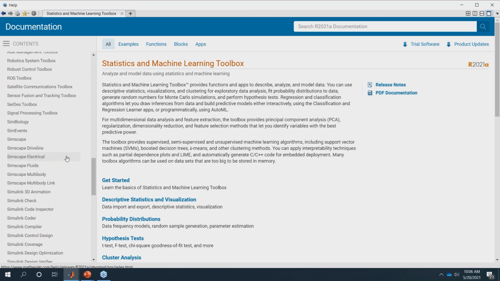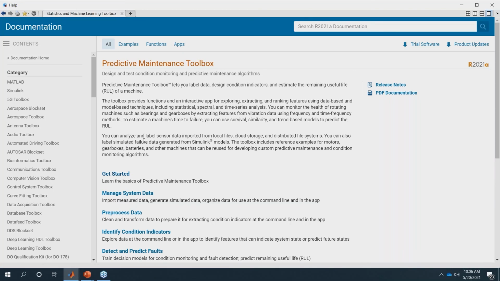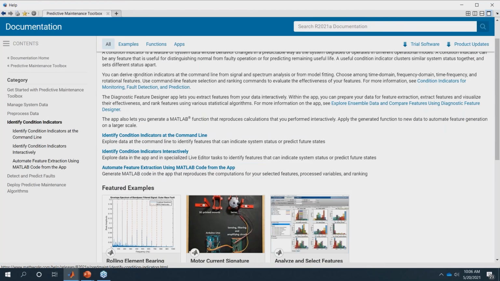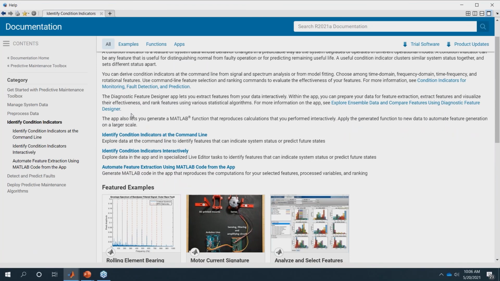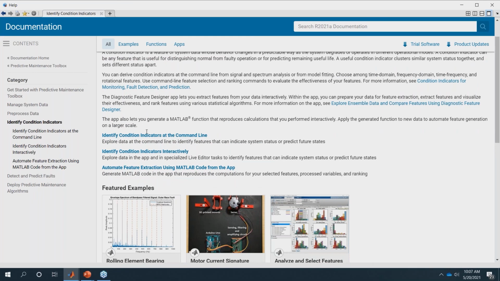But a pretty common thing you would have to do is something called feature extraction or feature creation, where you build up things more generally called features, but they can also be called condition indicators. You take the raw sensor data you have and do some mix of stats, signal processing, maybe system identification, in order to turn those into features that are more useful for the model itself.